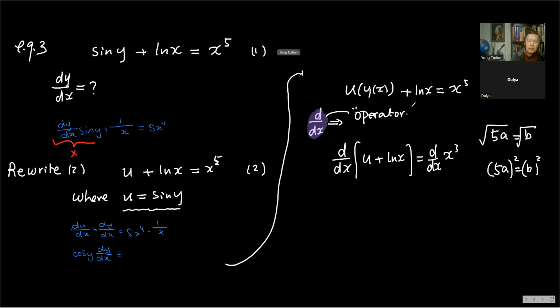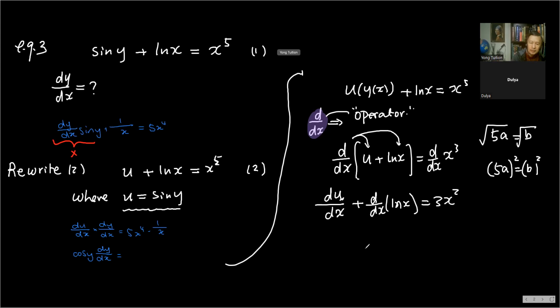But how do I get this u then? If u equals sine y, isn't it just cos y? Well, remember in that case we have invoked the chain rule. We can distribute that one by one. The first term is du/dx, not dy. The second term I just copied before we do the operation, and this is just 3x squared.